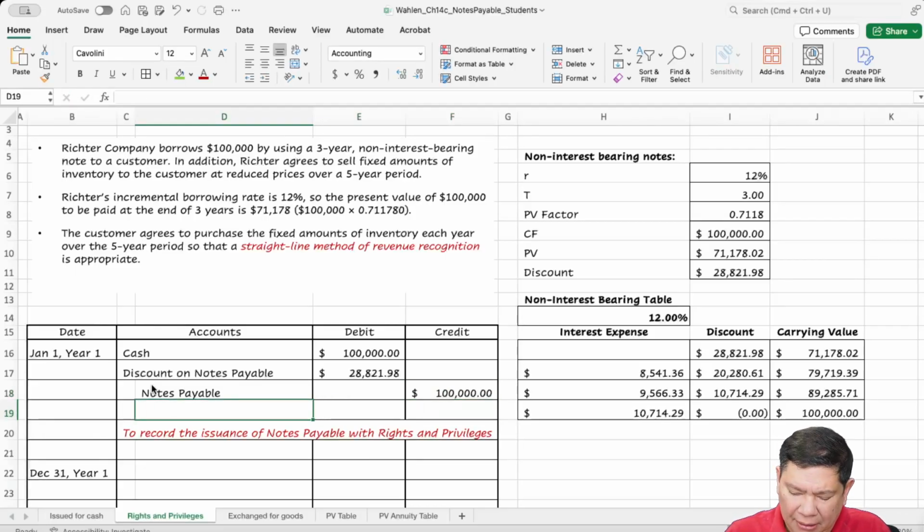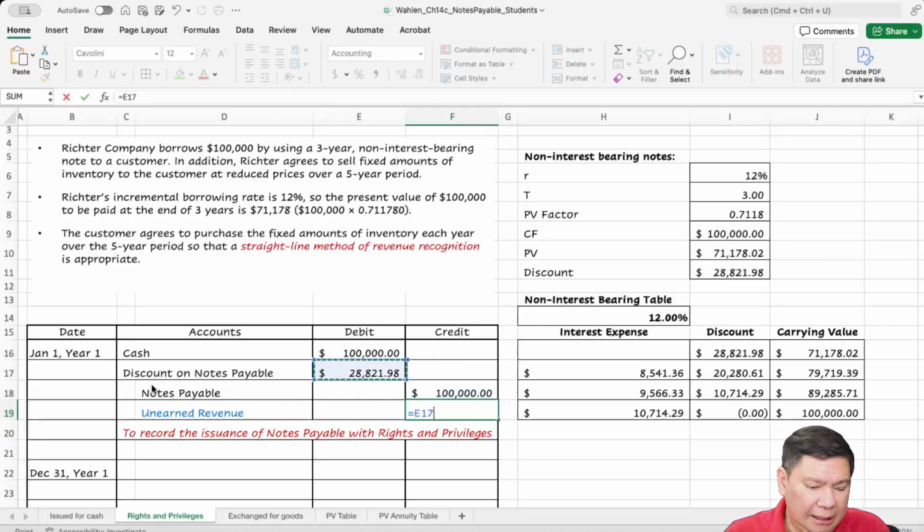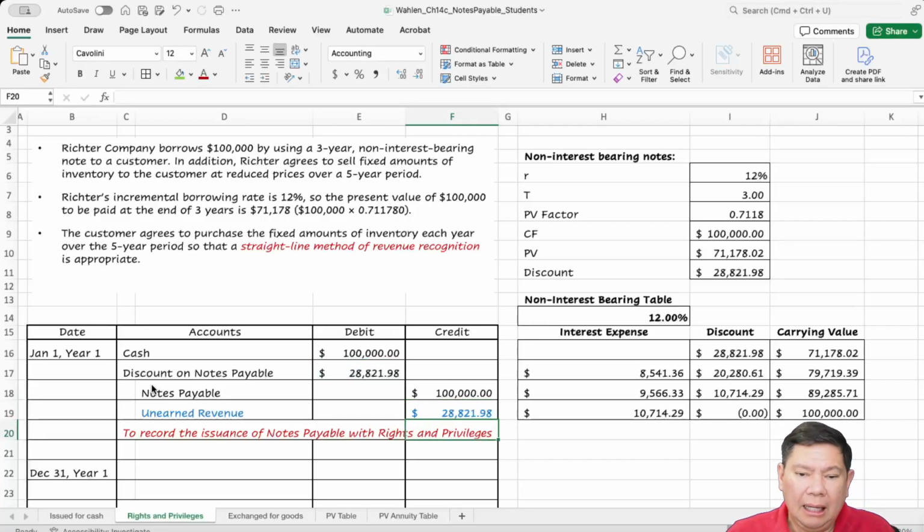So we will have recognized unearned revenue for 28,821.98. If you look at the book, there is a rounding of 28,822, but that's just for the rounding difference.